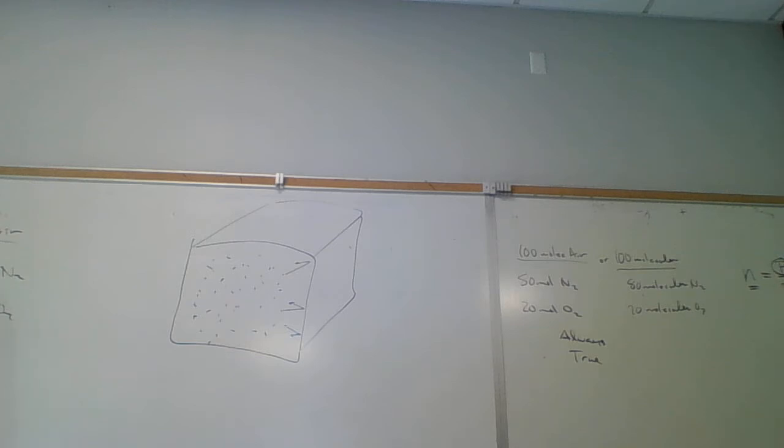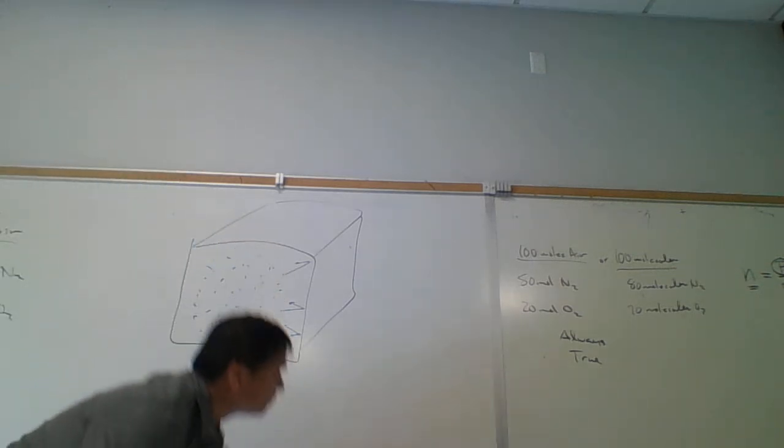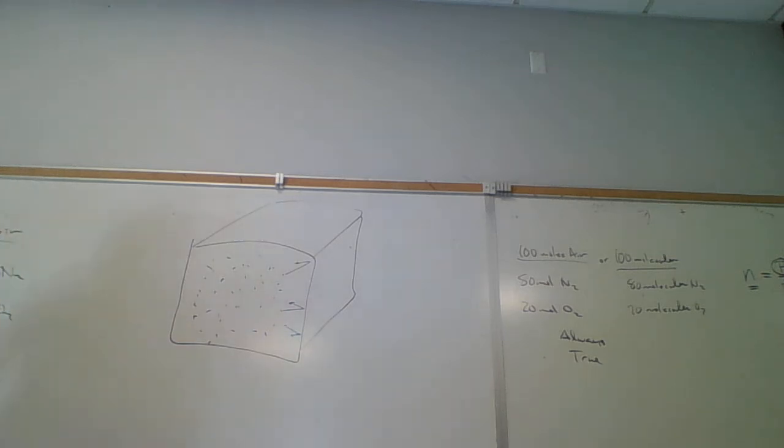Is it always true? It's not always true. Would you have to have exact numbers? No, we don't have to have exact numbers. It's not always true because, and I'm going to talk about when it's not true in a minute. This is true at what we call constant volume, and I'll talk about what constant volume means in a second.